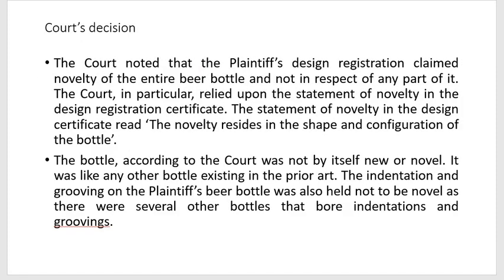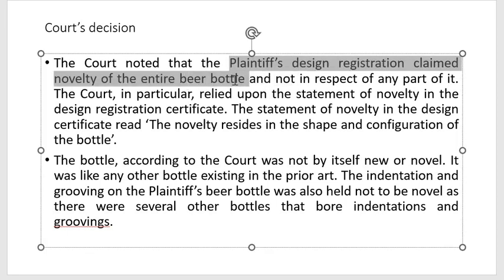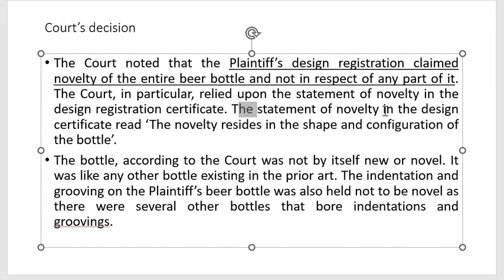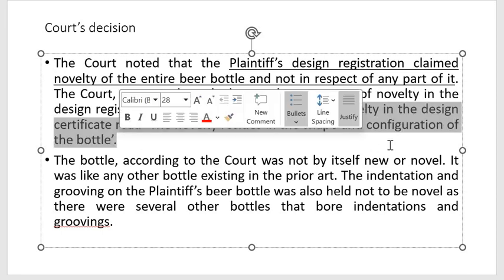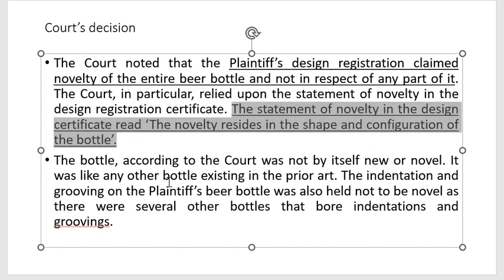Now they might have asked for protection for particular features. Then they might have got protection. But it is the drafting which I told you in the first lecture also, the previous video. The plaintiff's design registration claimed novelty in the entire bottle, not in respect of any part of it. The statement of novelty in the design certificate said novelty resides in the shape and configuration of the bottle.